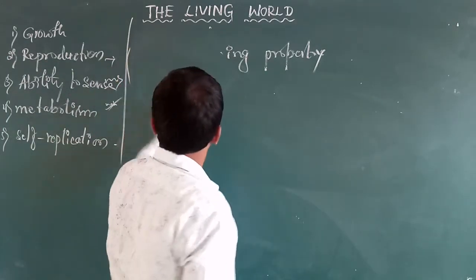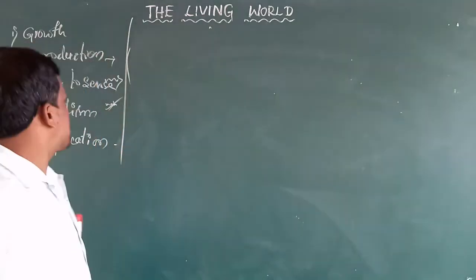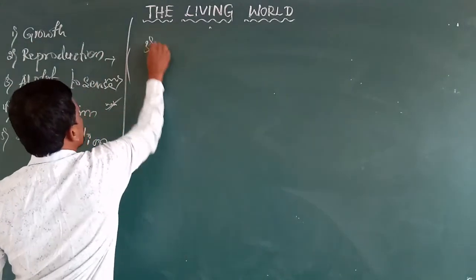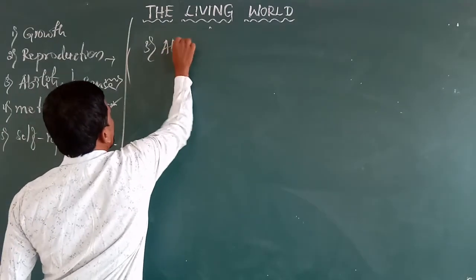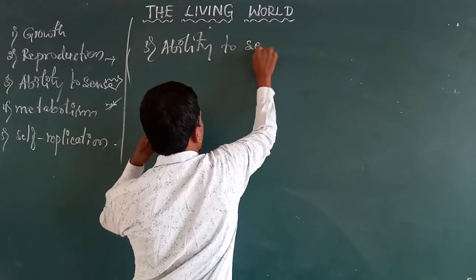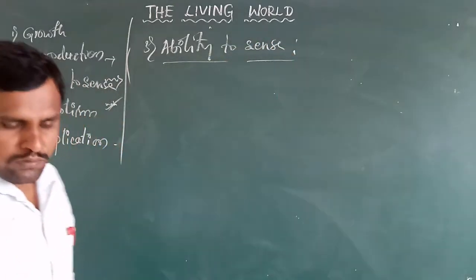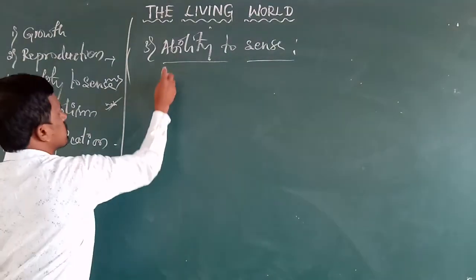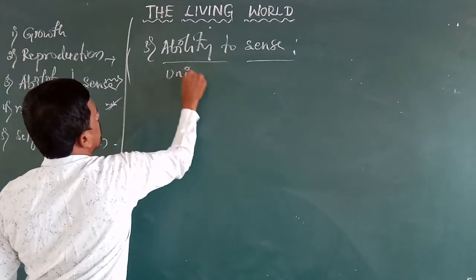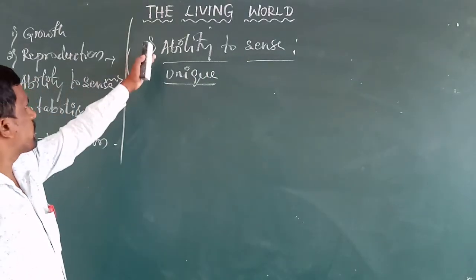Next, the third one: ability to sense. It is one of the unique properties of living organisms.